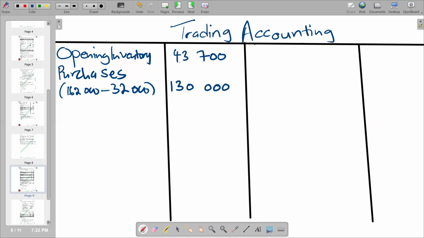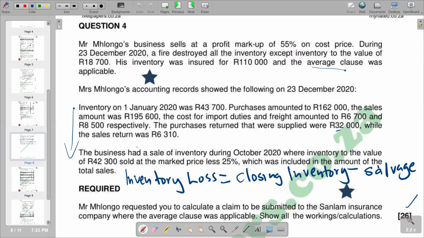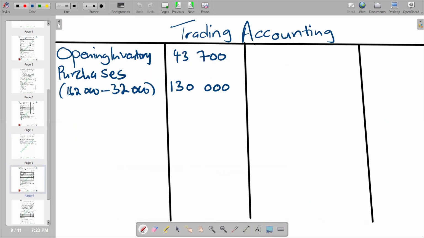Having that now, we are also supposed to check if you've got any transport costs on purchases. That is in terms of our import duties. If you come here, you'd see that the cost for import duties and freight amounted to 6,700 rands and 8,500 rands. So we can as well put them on the debit side, whereby you put import duties.